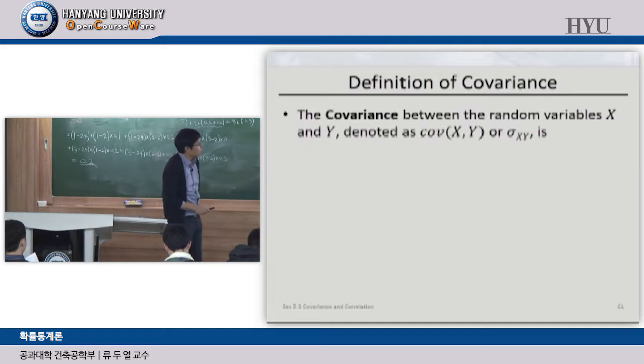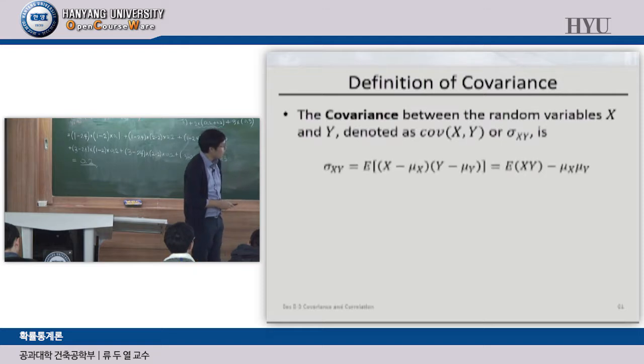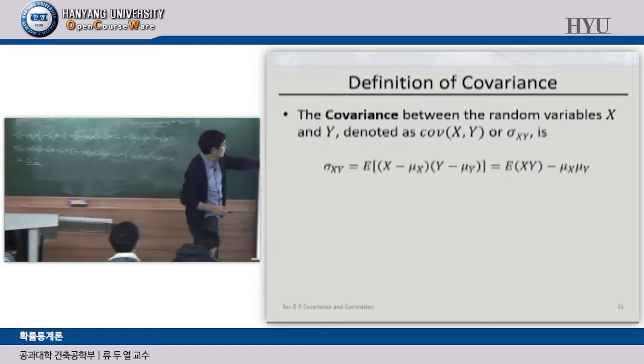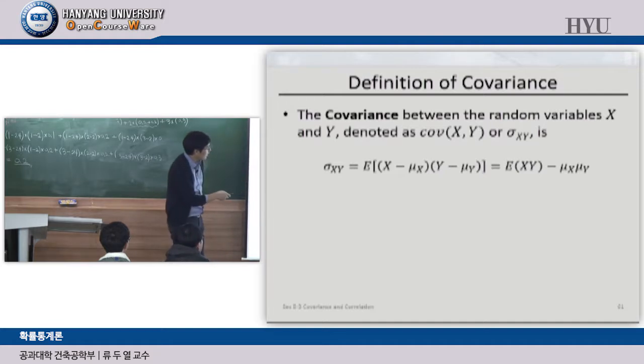The covariance between the random variables x and y, denoted as Cov(x, y) or sigma xy, is given by the following equation. Sigma xy is equal to E of (x minus mu x) by (y minus mu y), and this is also equal to the mean of xy minus the multiplication of the marginal mean of x and the marginal mean of y. So I'm going to derive how we can obtain this equation from this relationship.